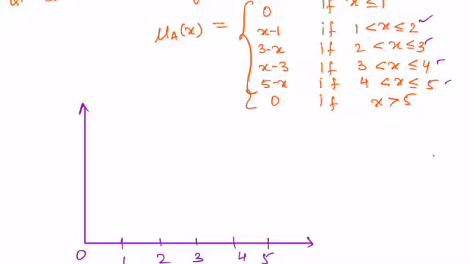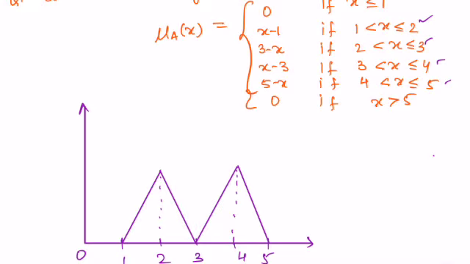It takes value 0 for x less than or equal to 1. Then x minus 1 between 1 and 2. So let us make a dotted point. It is governed by x minus 1, and then it is governed by 3 minus x. Then it is governed by x minus 3, and then it is governed by 5 minus x.